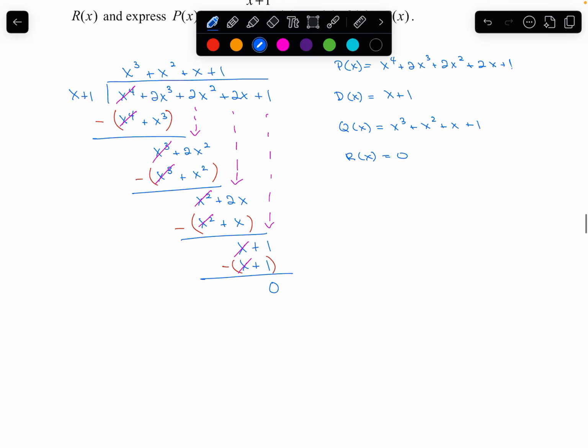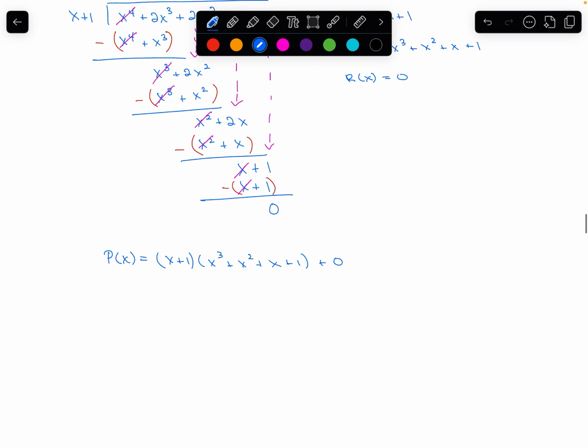So p of x can be written or shown to be the divisor, x plus 1, times the quotient, x cubed plus x squared plus x plus 1, plus the remainder. And that's it.